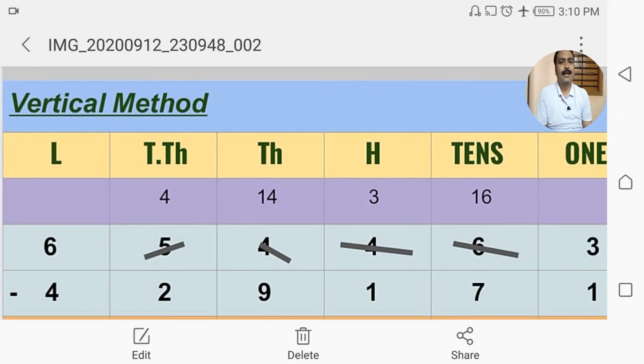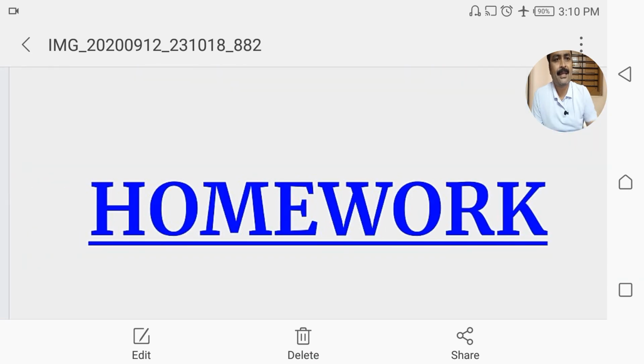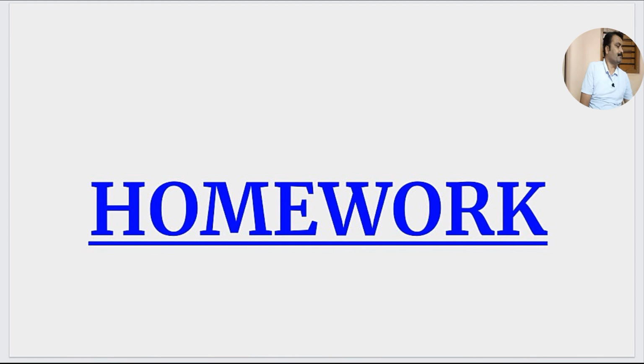In our textbook, on page number 12, there is a simple problem set number 10. In that problem set number 10, just 4 examples are given, and these 4 examples are given as homework to complete in your classwork notebook.